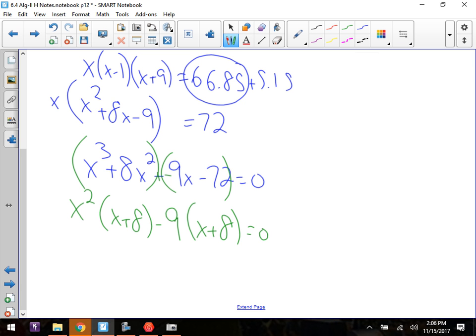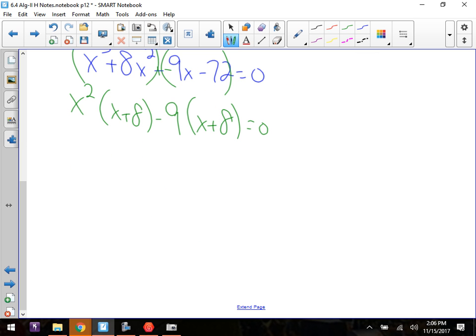Now, some of you have been asking throughout the day, when you get to this point, it doesn't matter what your degrees are. As you factor by grouping, if the things in the parentheses are the same, you're on the right track. So you write them down: x plus 8, and then the other term would be x squared minus 9.